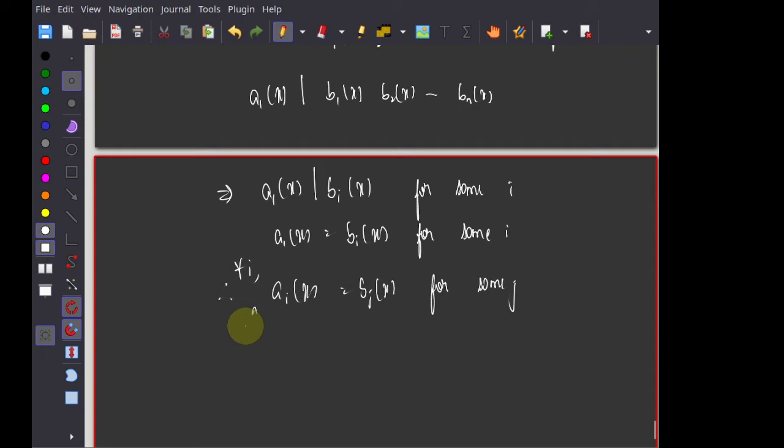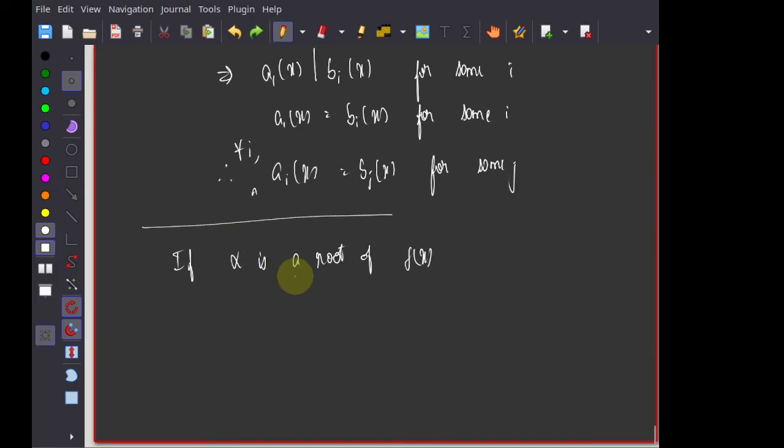So what does it mean for a polynomial to have a certain root? If alpha is a root of some polynomial f of x, what can you say? Of course, you know that f of alpha is equal to 0. But what can you say about x minus alpha? X minus alpha will divide f of x.